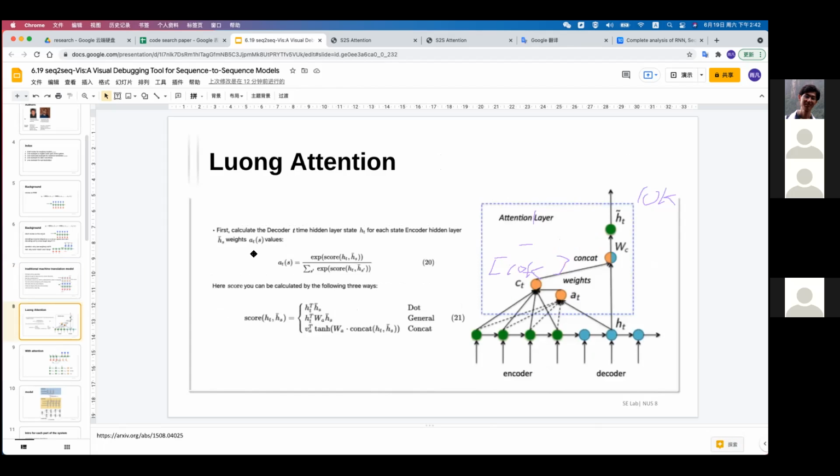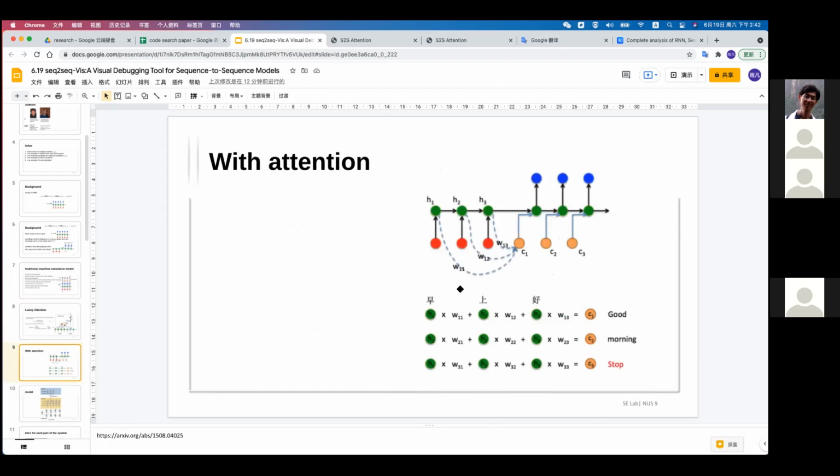Okay, so we will go back to attention. Xiangling mentioned attention last week, and we saw this picture. Last week we were curious about the W, because the W represents the relativeness between the hidden state in the encoder and the hidden state in the decoder architecture.